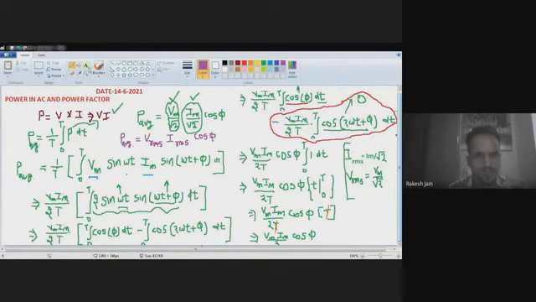So this is the final formula for the average value of AC power. How do we calculate the average power of AC? It will be equal to Vrms IRMS cos phi.